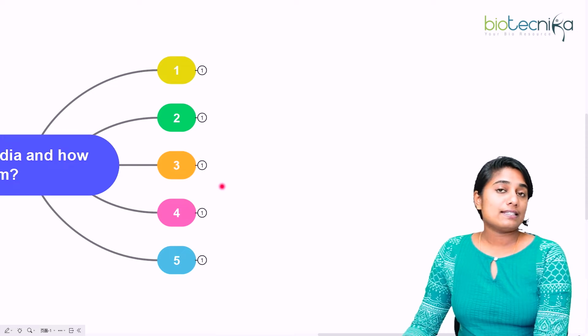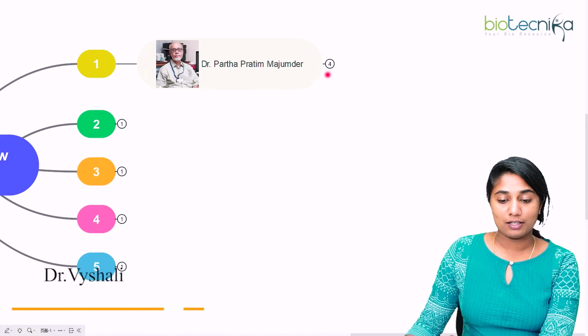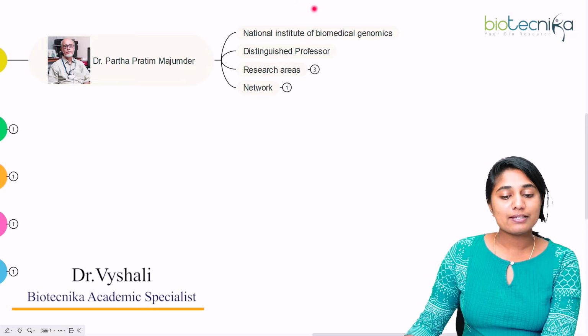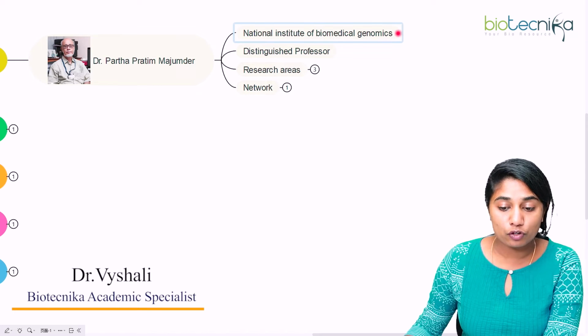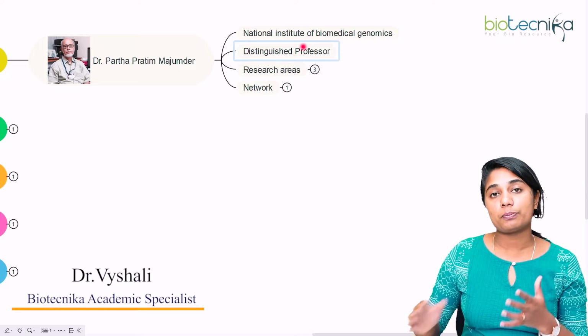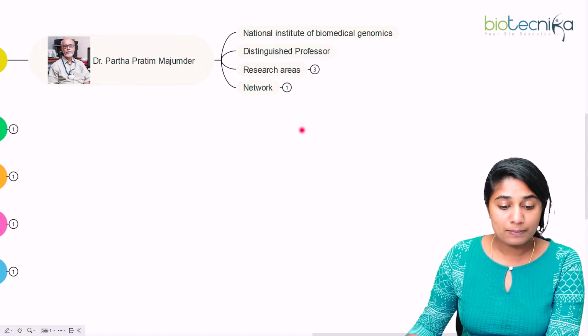So the first scientist that I wanted to talk about is Dr. Partha Prathim Majumdar. He is from the National Institute of Biomedical Genomics, and he right now holds the Distinguished Professor title there.